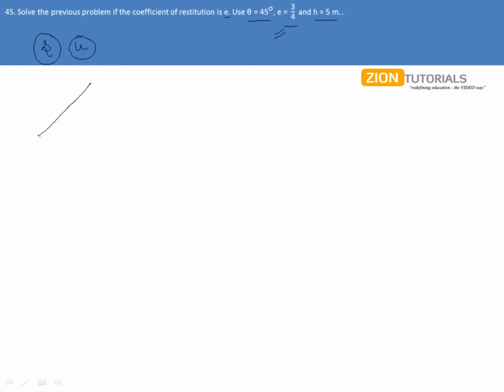Now let us understand this problem. We are having the inclined plane of angle theta, which is 45 degrees. The ball is falling like this at an angle of theta, that is 45 degrees. And we have been given that it is bounced back by this incline at an angle alpha because the coefficient of restitution is E here.